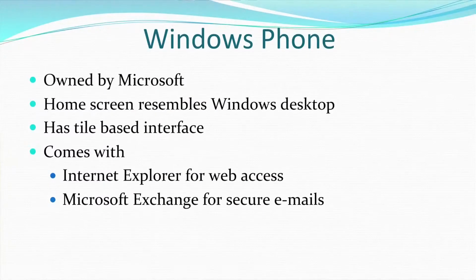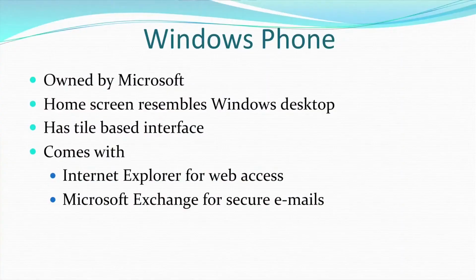Next, we move on to Windows Phone. Windows, you must have seen as an operating system on the desktop, on the laptop, but the same interface Windows has tried to create for smartphones, for mobile phones also. As on desktop we have a tiled interface, similarly the Windows Phone operating system also has a tiled interface.